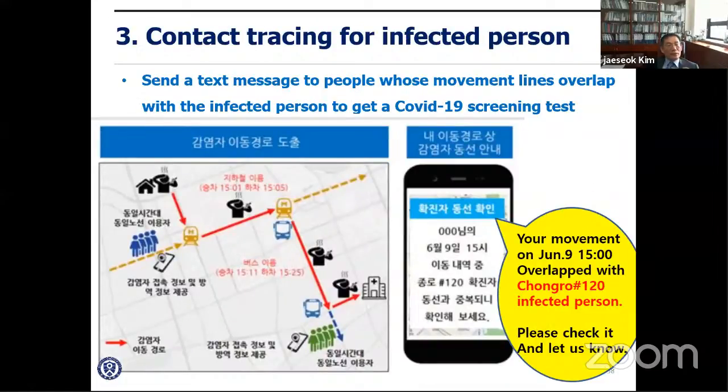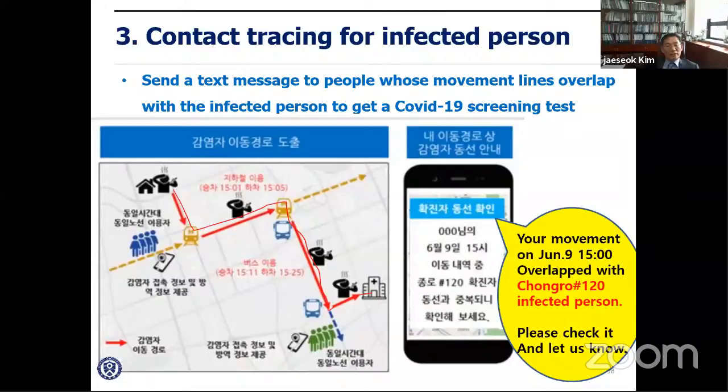And then we send a text message to people whose movement line overlaps with the infected person's to get a COVID screening test. So this one is like an infected person's movement line, something like this.